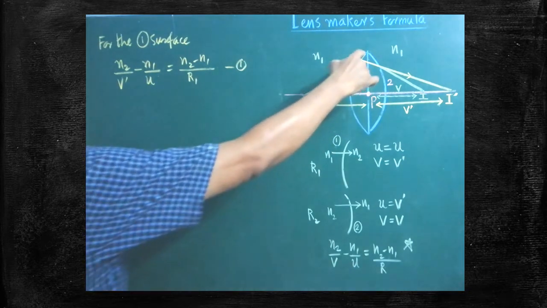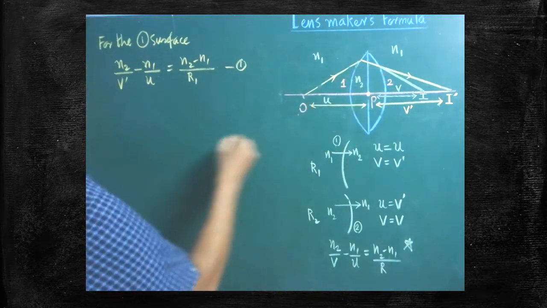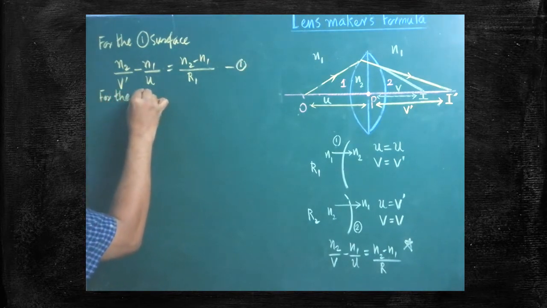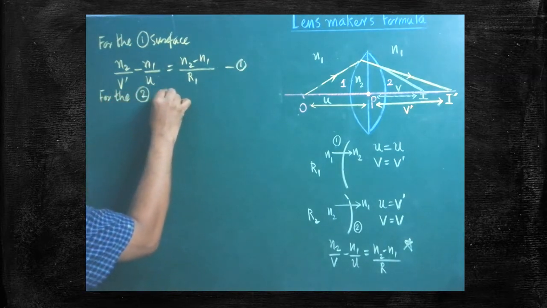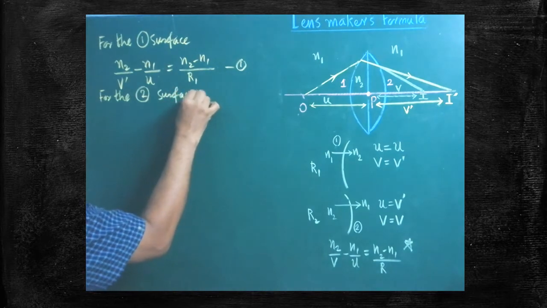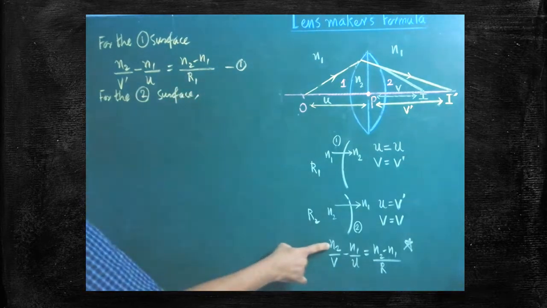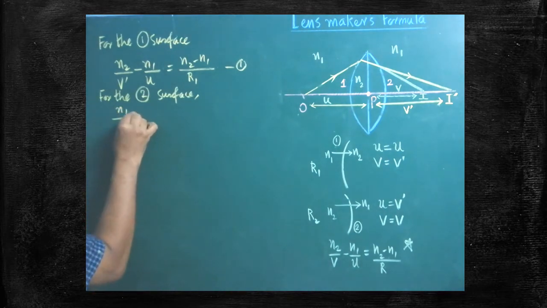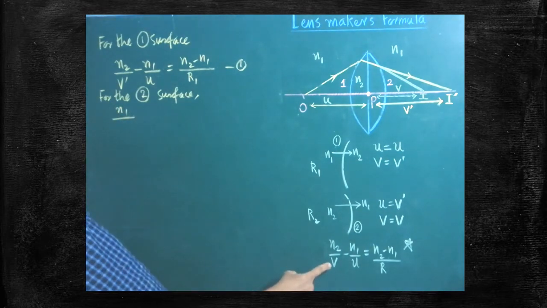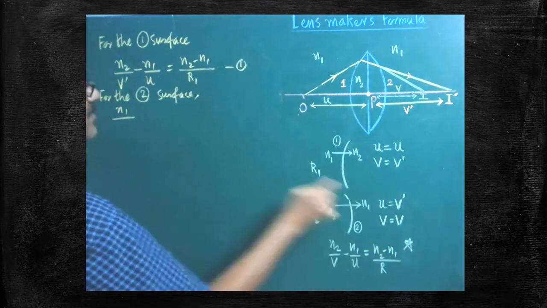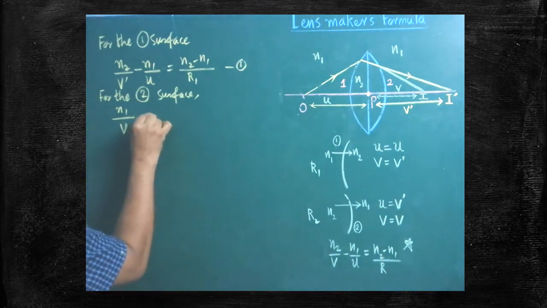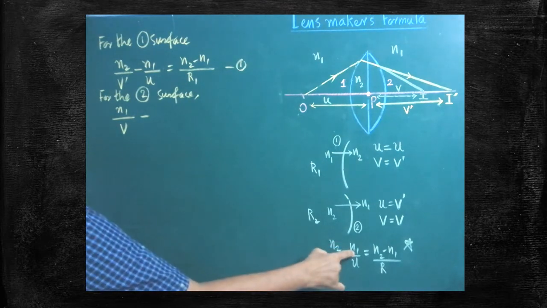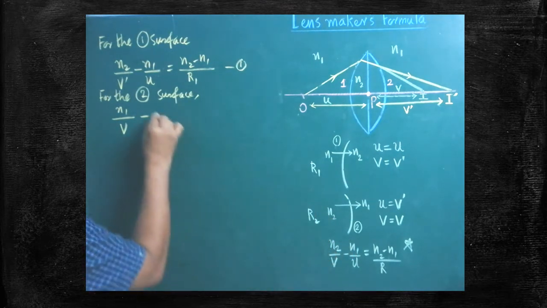Now, let us see the second surface. I am going to write the equation for the second surface, the curved surface. How will you write it? N2 means the second medium, and the second medium is N1 here. Therefore, N1 divided by V, the image distance. Here the image distance is V. Minus N1 means the first medium, and the first medium is N2 here.